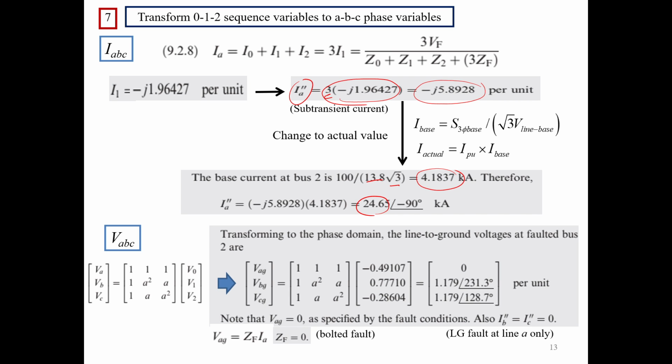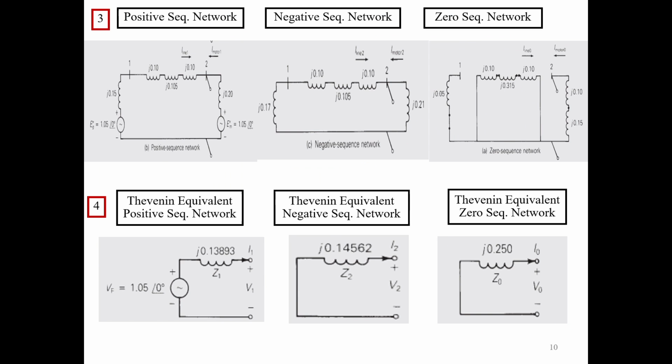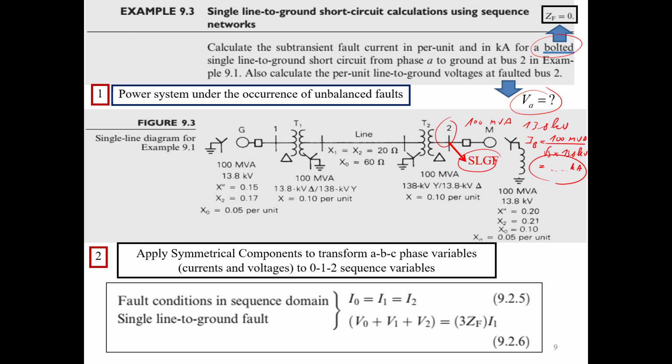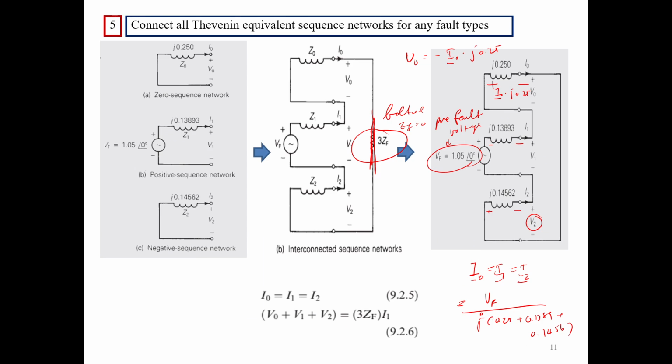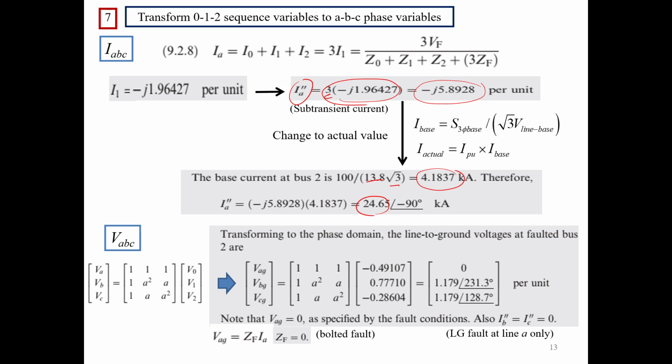Did the problem ask you to determine the fault current? No, I suppose the problem asks you to determine VA. Because you have known V0, V1, and V2, you transform them back to the phase quantities.